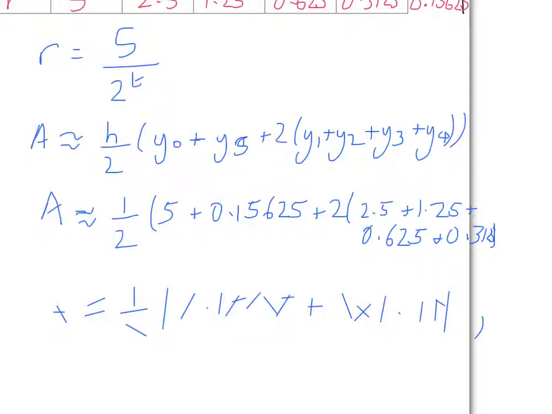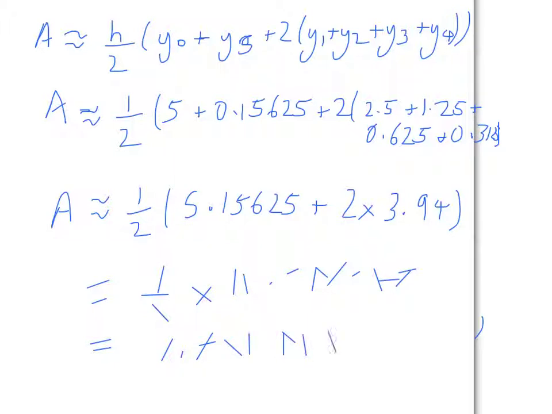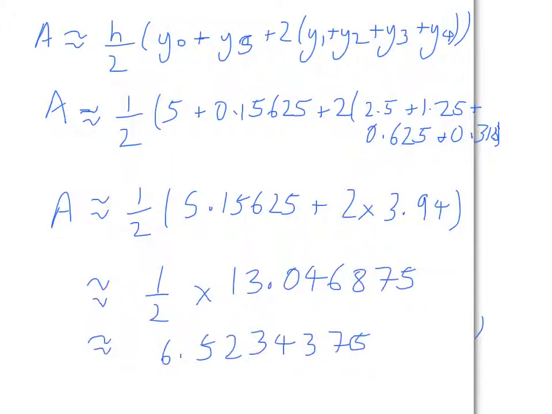If you sort that bit out, you end up with half times 12.96875, and if you sort that out, your final answer is 6.484375. Now that's a bit of a ridiculous answer.